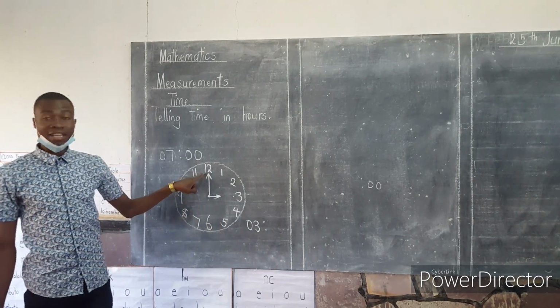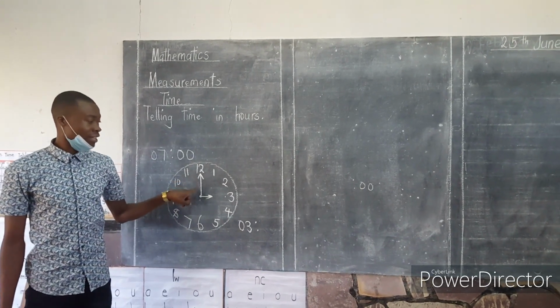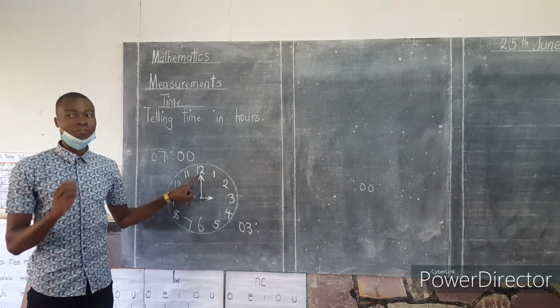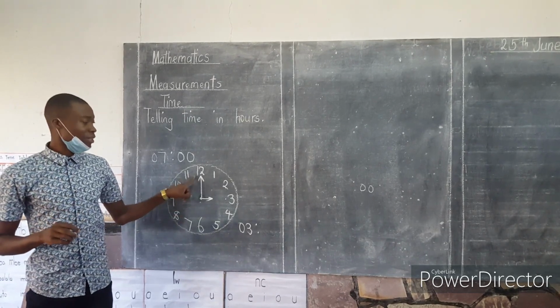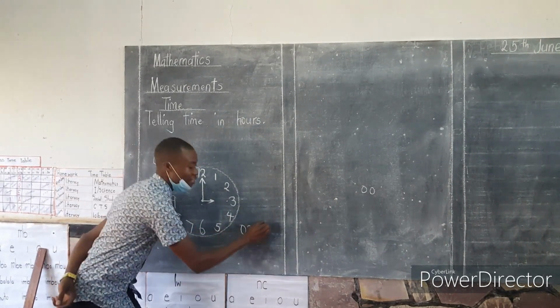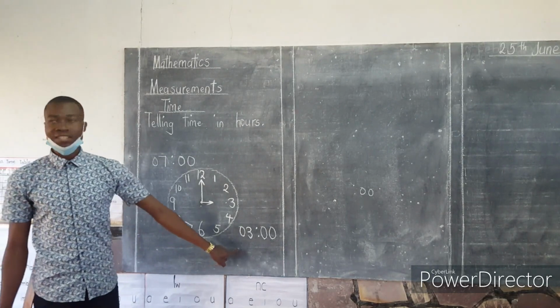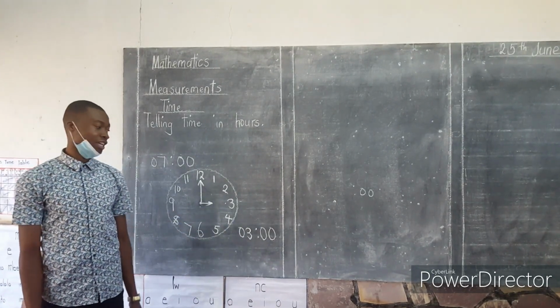Now where is the long hand pointing? It is pointing at 12, of which I said that when the long hand is pointing at 12, it means on the part of minutes it is 00. So this is 03 hours in the morning.